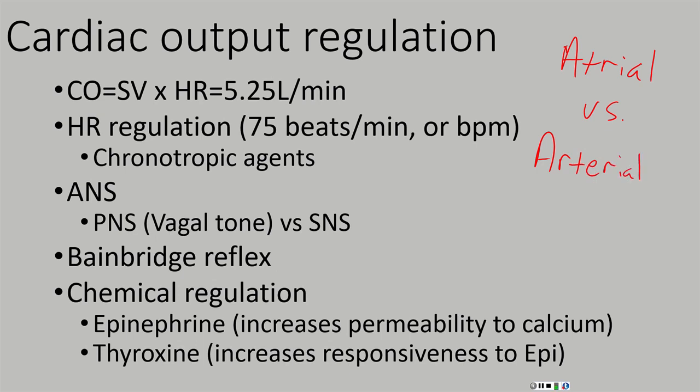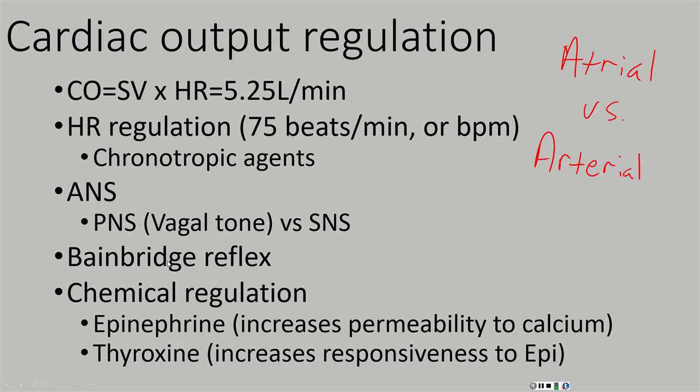Those words sound very, very similar. They look a little bit similar. They are not the same thing. Atrial means pertaining to either the right or left atrium of the heart. Arterial means pertaining to arteries, the blood vessels that take blood away from the heart. So they are not the same.